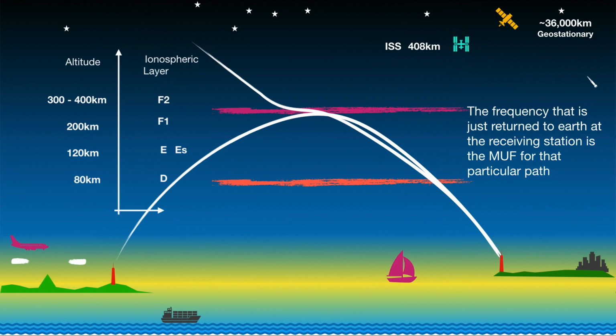So there, in this example, in this graphic, we might have seen 30 megahertz or something passing straight through the F2 layer and going off into space, but 28 megahertz being just low enough to return back to Earth. And that's the maximum usable frequency. Now, if this was a path that we wanted to communicate over, we wouldn't select, ideally, the maximum usable frequency to communicate.